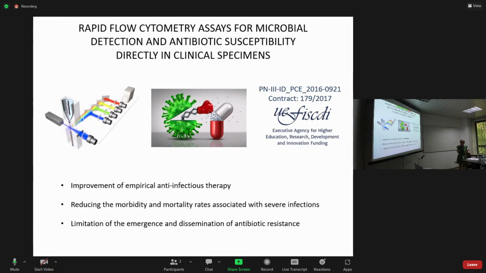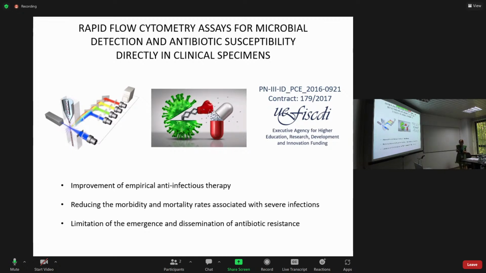And starting with these collaborations, we have an important collection of resistant strains, over 3,000 bacterial strains, which are very well characterized by phenotypic and genotypic approaches. Hundreds of them are already whole-genome sequenced, so we know a lot about their resistance genes.